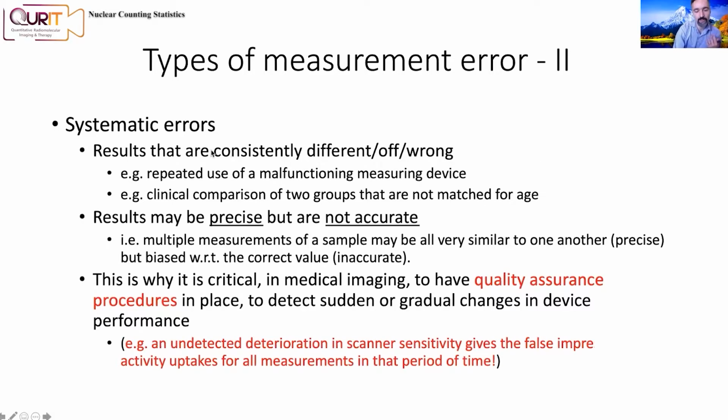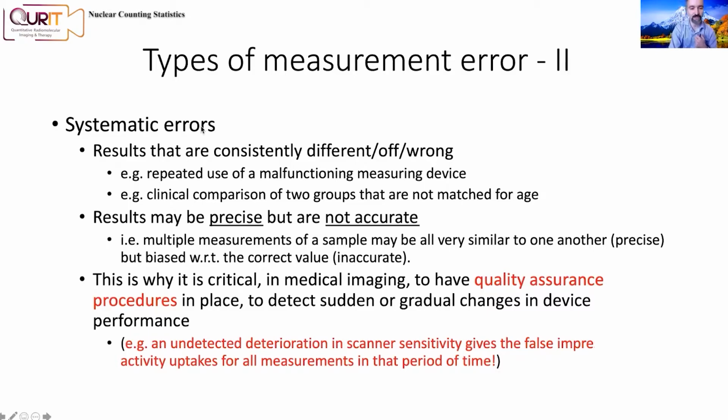But a far more common measurement error are systematic errors. These are things that are consistently different or off or wrong. So, repeated use of a malfunctioning measuring device. If you have not done proper quality check, and we will have lectures in the future talking about quality check or quality assurance, you may have a PET scanner or a SPECT camera or a gamma camera that is malfunctioning and you're not realizing it.